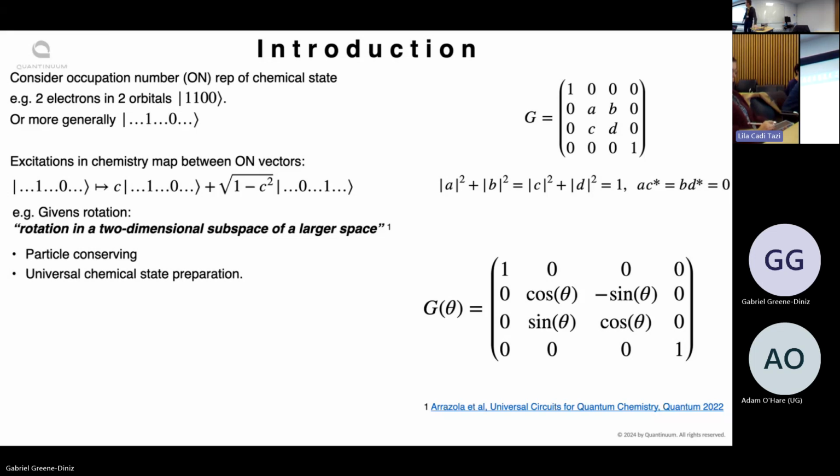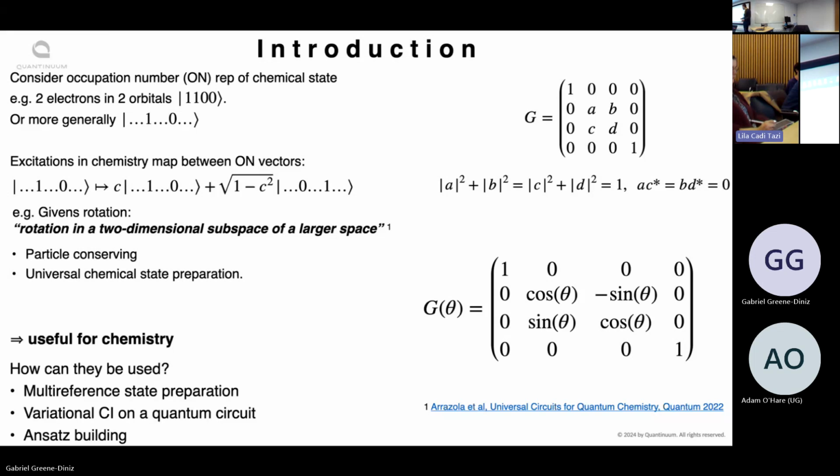Universal in the sense that all particle-number, or in general symmetry-conserving, wave functions can be generated by application of Givens rotations to some reference. Because these Givens rotations are encodable by a quantum circuit, that means they provide a universal way to do chemistry on a quantum circuit. That was the basics of that paper.